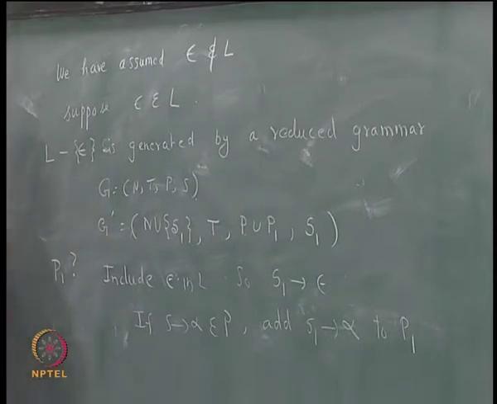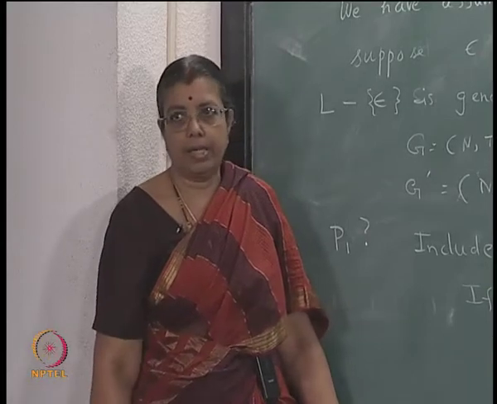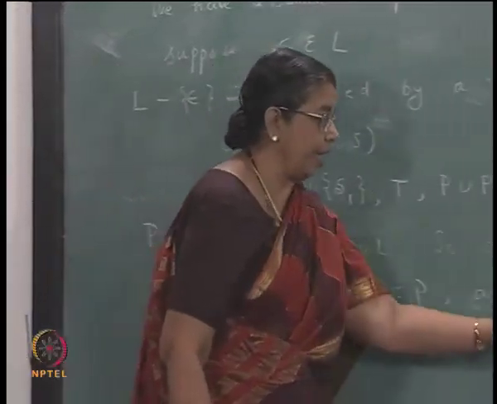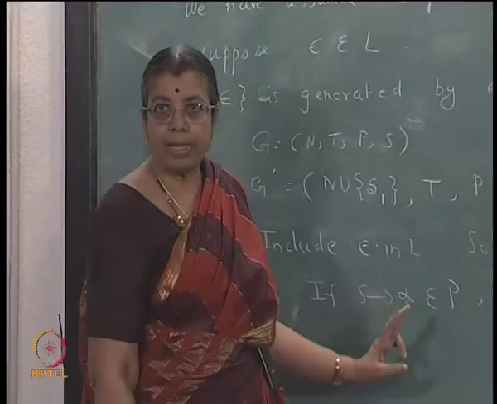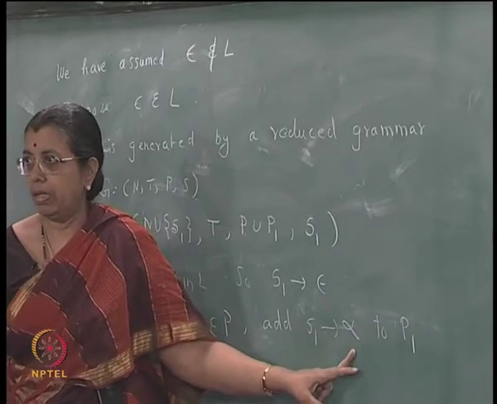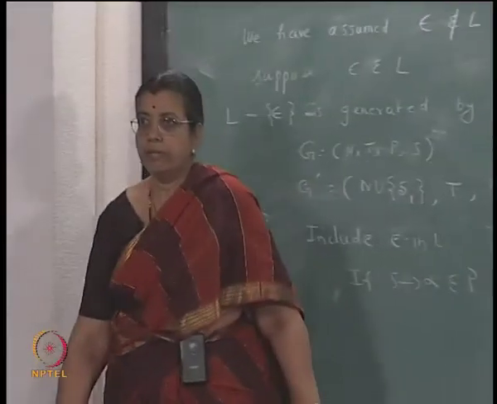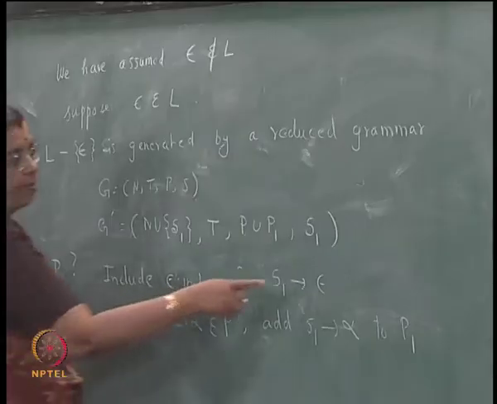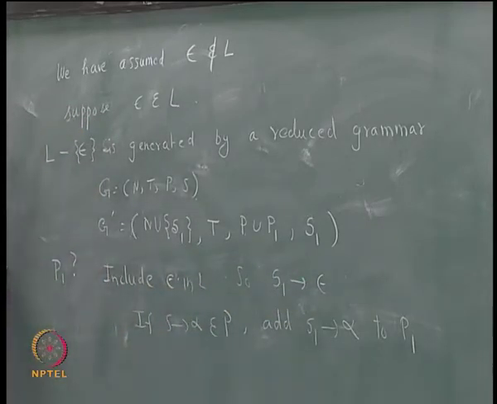This makes sure that the start symbol does not occur on the right hand side. Now alpha belongs to P, and the earlier grammar did not have S1, so alpha cannot contain S1. So S1 will not occur on the right hand side of any production. And if you want to derive epsilon, you have to use this rule and this rule only, and you will be able to derive epsilon.